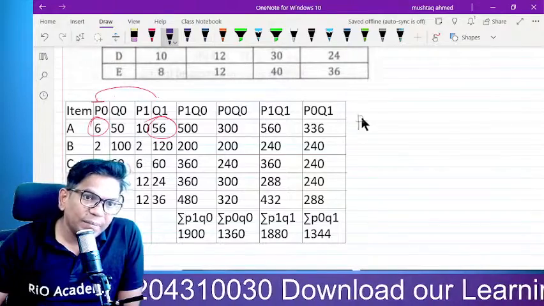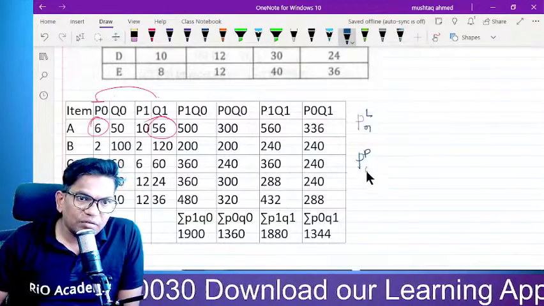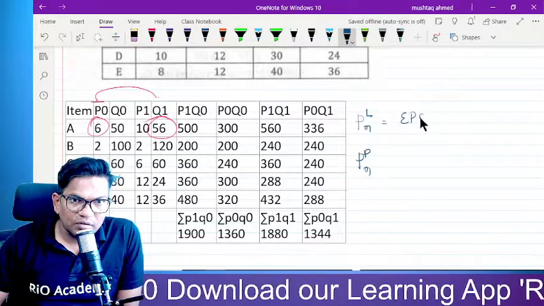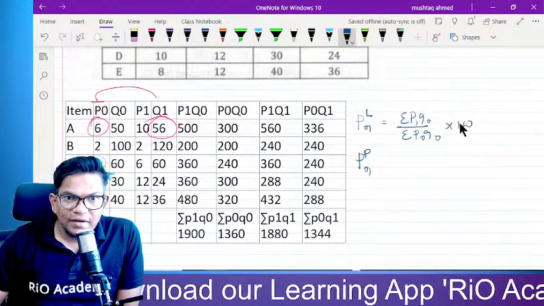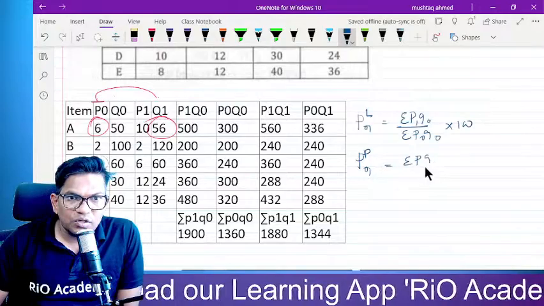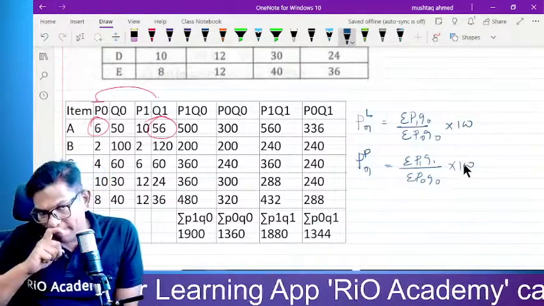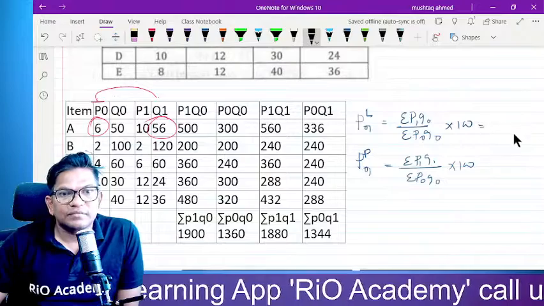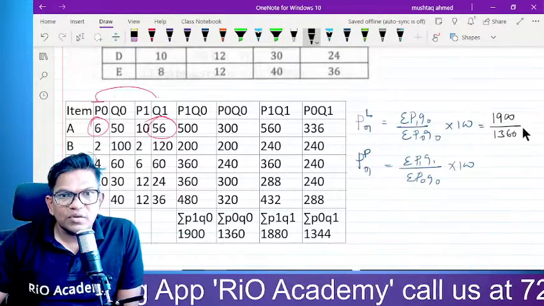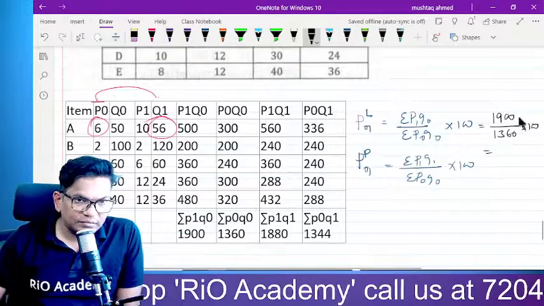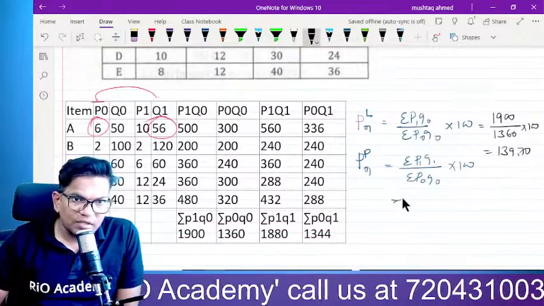First, P01 equals summation of P1 Q0 divided by summation of P0 Q0, multiplied by 100. 1900 divided by 1360 into 100. 139.70. Okay.